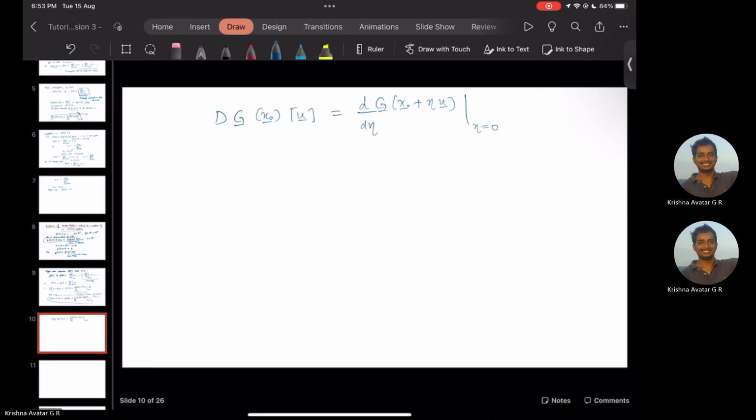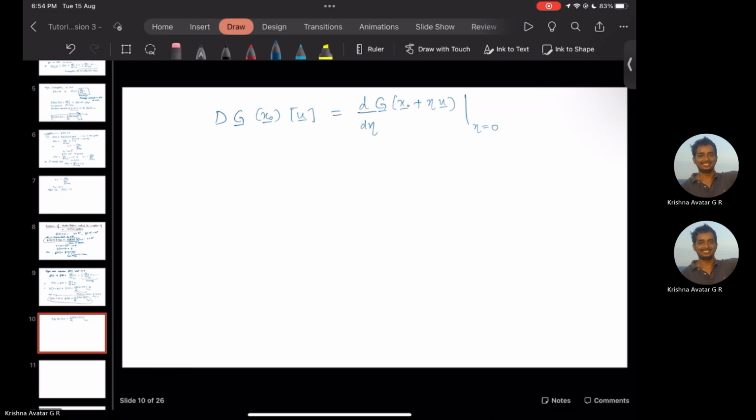So this is the operational definition, in the sense that using this definition we can obtain the expression that we are looking for, isn't it? Okay. So that was essentially the aim here.